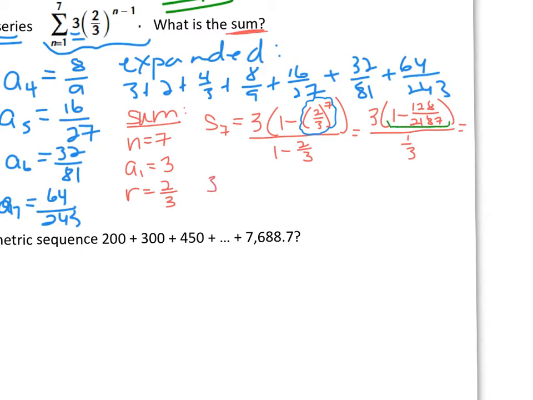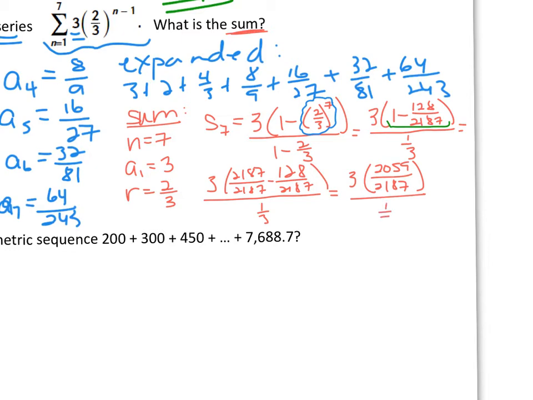That would give us 3 times 2187 over 2187 minus 128 over 2187, all over 1/3. And now if we combine the parentheses on the inside, we get 3 times 2059 over 2187, all divided by 1/3.